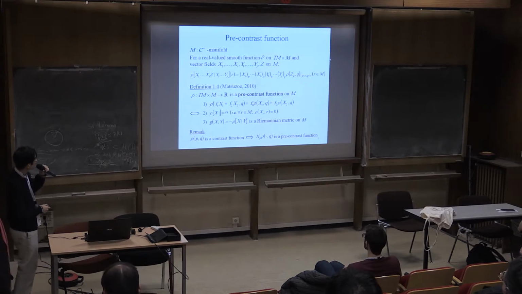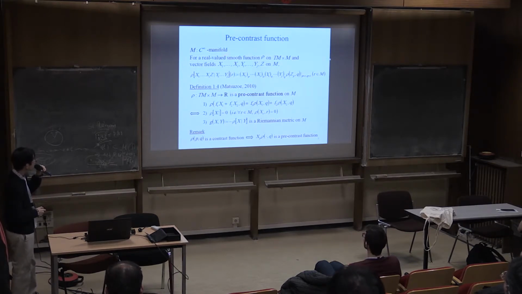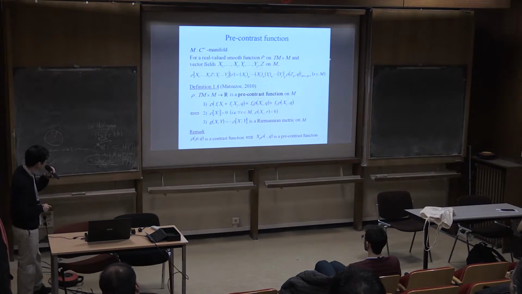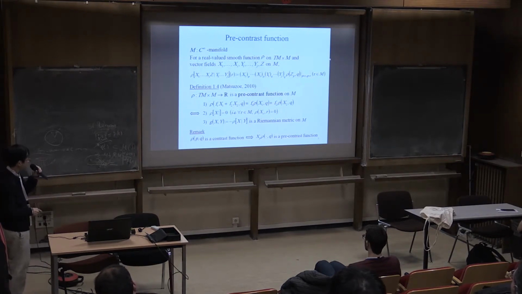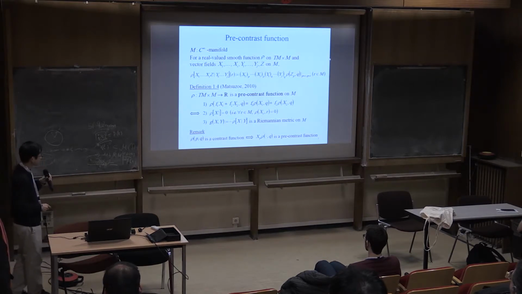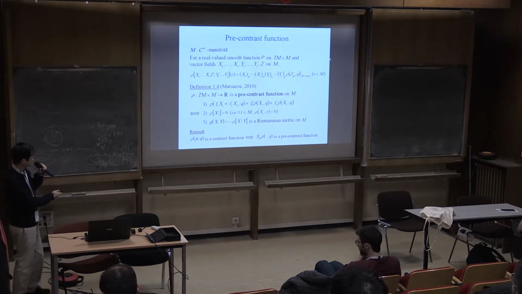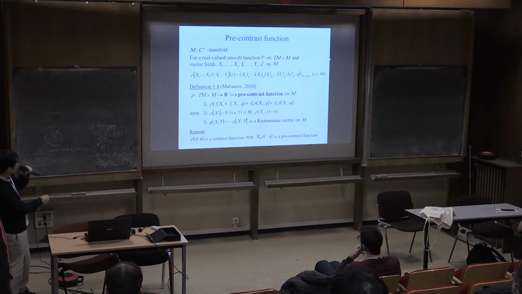The pre-contrast function was proposed by Dr. Matsuzoe over there. This is a function defined on the direct product of the tangent bundle and the manifold M, and it is called a pre-contrast function if and only if these conditions are satisfied. This notation is very similar to the notation used in the definition of the contrast function, but the difference is that the vector field D is defined in this way.